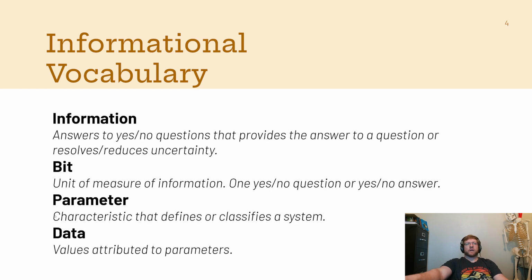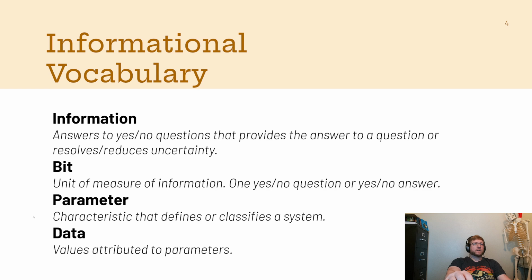So just because I told you a two-dimensional Cartesian coordinate point has an x and y parameter, it's not data until you tell me what x and y are, right? At the point that x and y are 0 and 0, now we know we're at the origin. That is data. Data is values attributed to parameters.